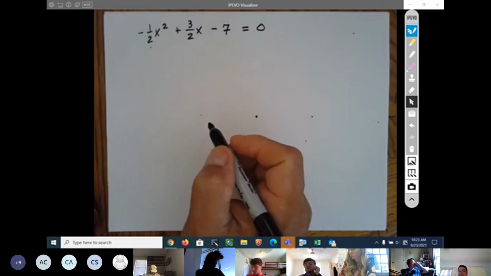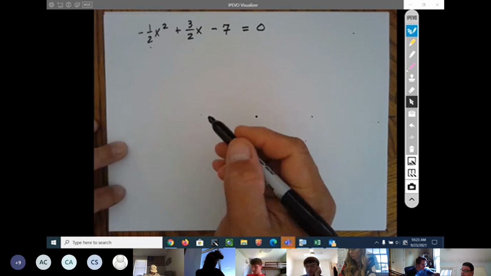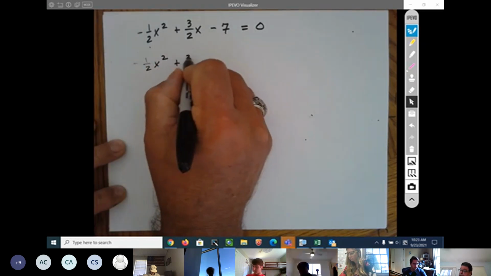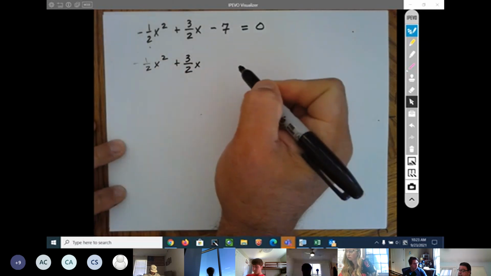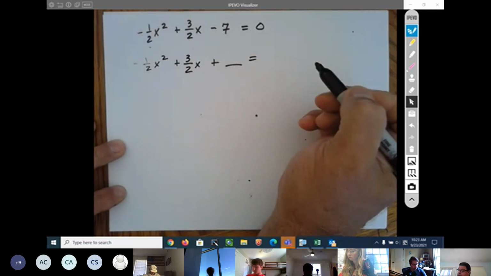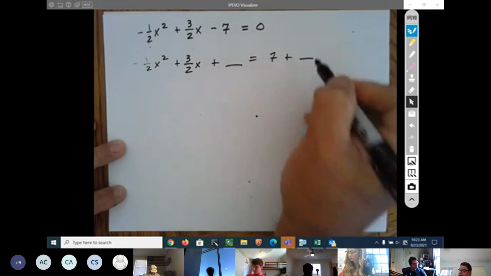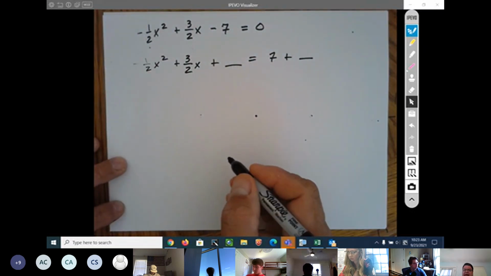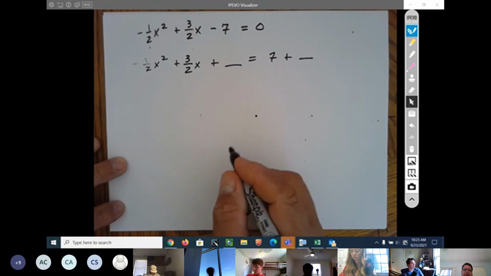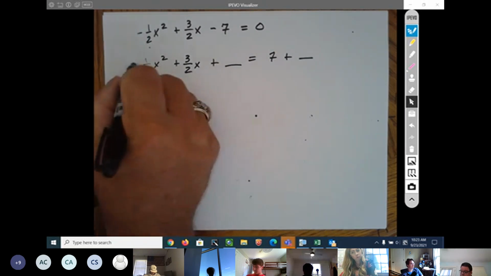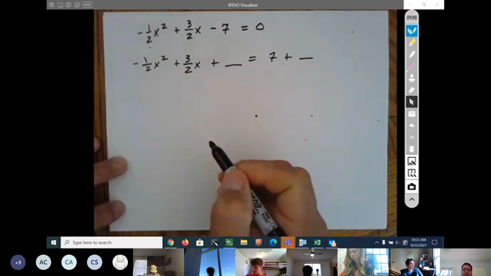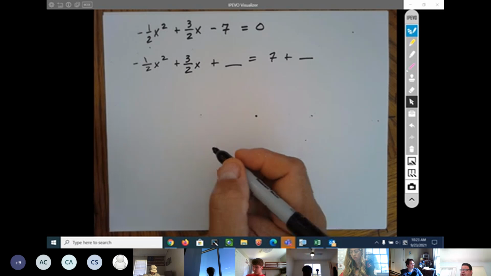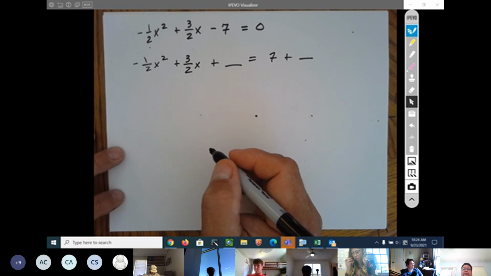All right, so that's 1023. So I'm going to move C: negative 1/2 x squared plus 3/2 x plus blank is equal to 7 plus blank. Now watch what I do here, because I've got to do this step by step because these are fractions and y'all suck at fractions. What do you do when you factor?